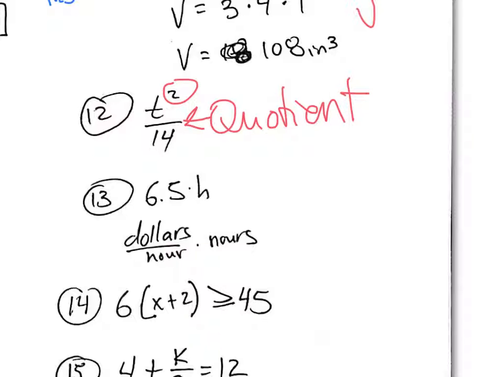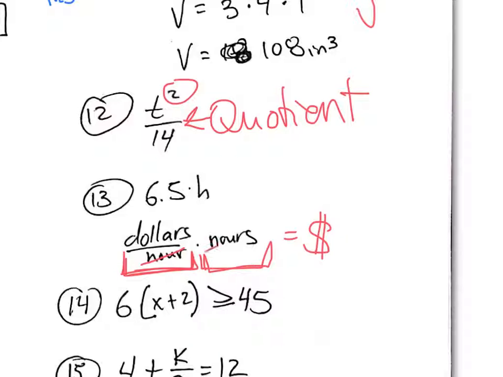For 13, amount you can earn if you make $6.5 an hour for 8 hours. So look at what I wrote here for the units. We have $6.5 per hour. So if you write out dollars per hour and then times hours, so this is the amount you make, okay, times the time you work, what that is going to give you is the amount that you earn.